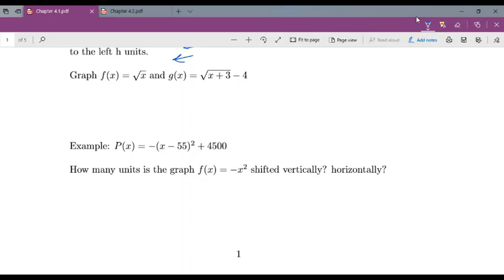Now we can already say before we go to the calculator, on the outside here I've got a -4. -4 means it goes down 4. Now on the inside here I have a +3. Positive on the inside means it goes left 3. Now let's see if that's right when we look at the calculator.